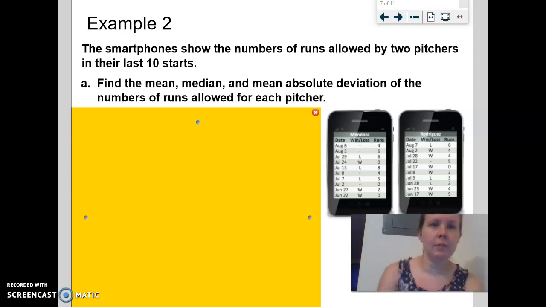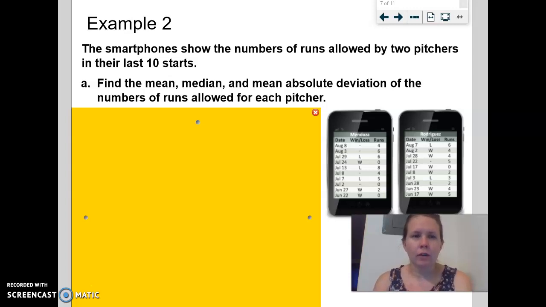Which says that the smartphone shows the number of runs allowed by two pitchers in their last 10 starts. So it's kind of explaining how the pitchers are pitching in baseball and how many runs they let in. Basically what it means is you're throwing bad balls to the player and they just get to take the base because you're not giving them anything worth hitting.